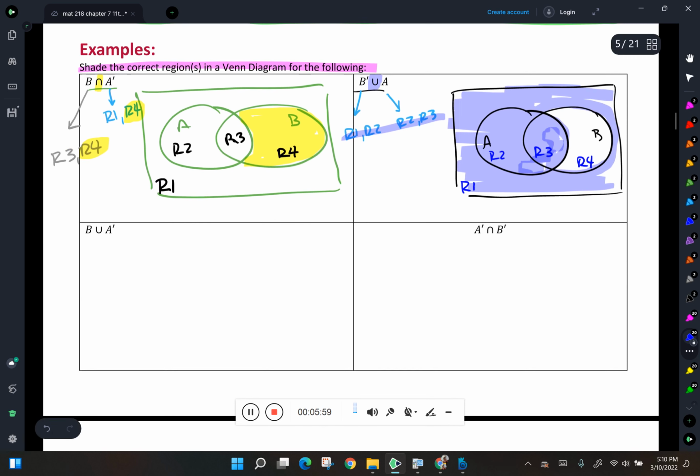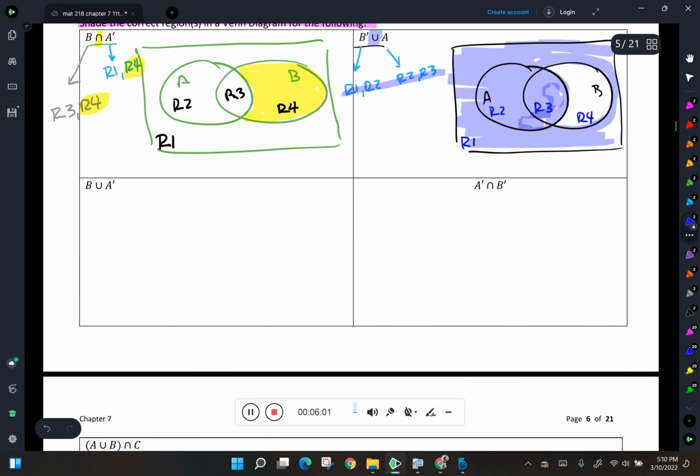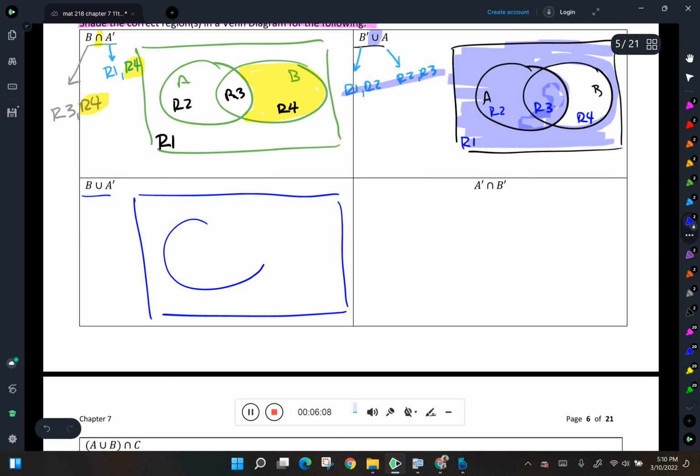All right. How about B union A complement? Well, another two-set Venn diagram. A, B, Region 1, Region 2, Region 3, Region 4. B is 3 and 4.